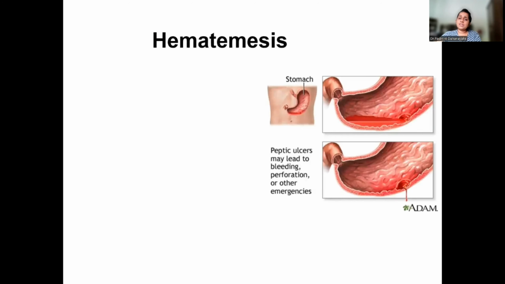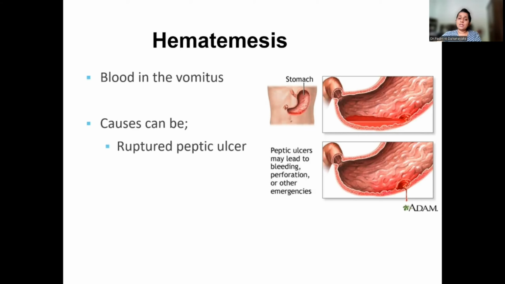So hematemesis, I told you, is a very distressing one. You have fresh blood in the vomitus. It can be due to a ruptured peptic ulcer or a Mallory-Weiss tear of the esophagus. What is this tear? If you have repeated bouts of vomiting, it will traumatize your esophagus. That tear is known as a Mallory-Weiss tear. Okay?